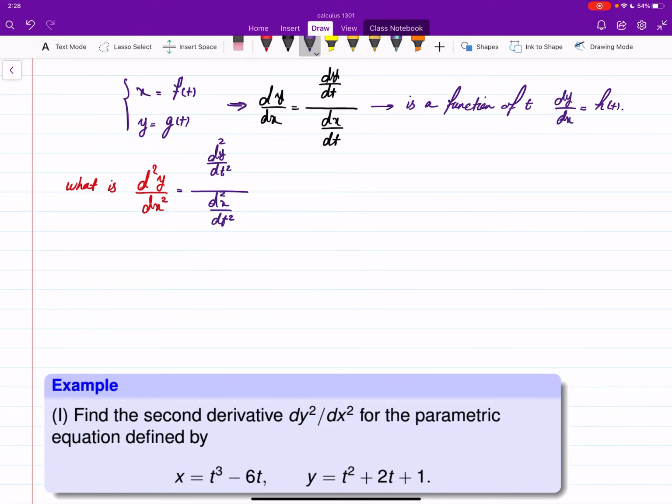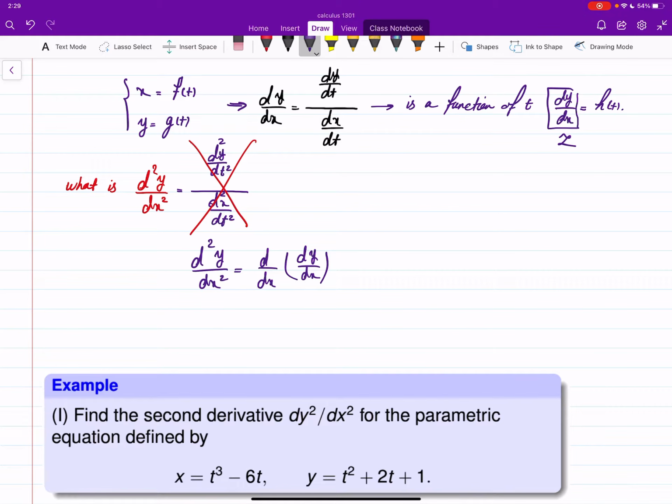This is not true. The important thing to note here is that the second derivative is basically the first derivative of the first derivative.